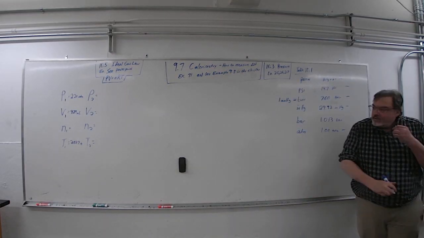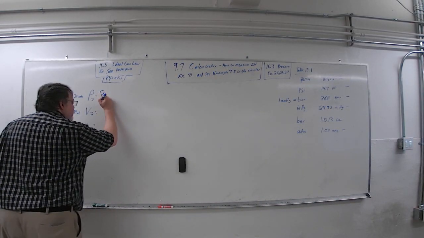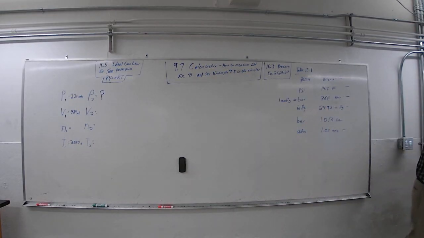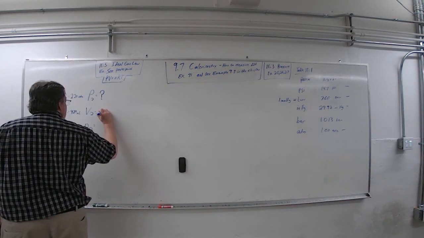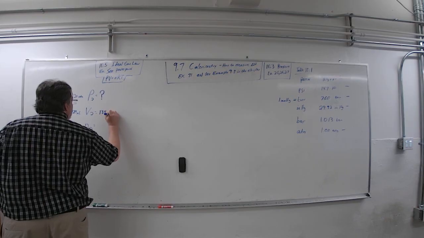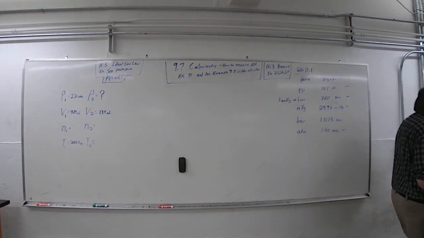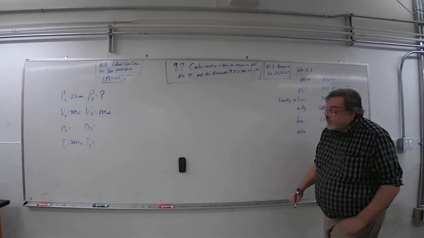Calculate the pressure of the gas if the volume changes to 134 milliliters, and the container is heated to 134.5 degrees, which converted to Kelvin is 407.7.